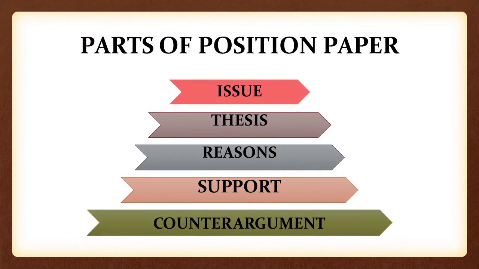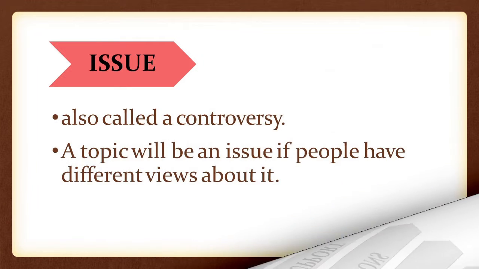Now let's talk about the parts of a position paper. Usually, a position paper consists of 5 parts, namely issue, thesis, reasons, support, and counter argument. Now let's talk about these parts one by one. First, we have issue.